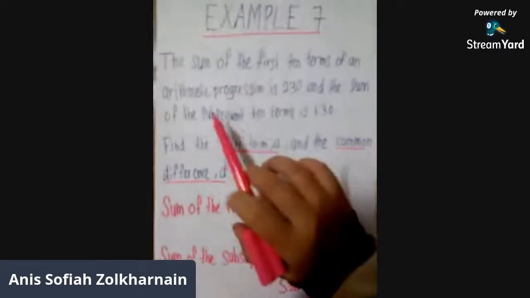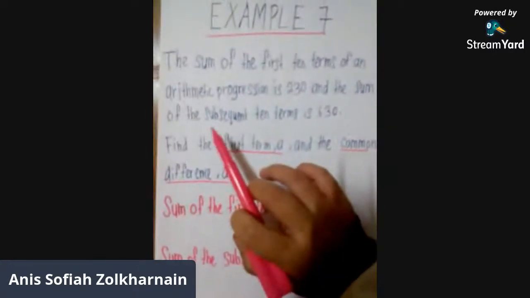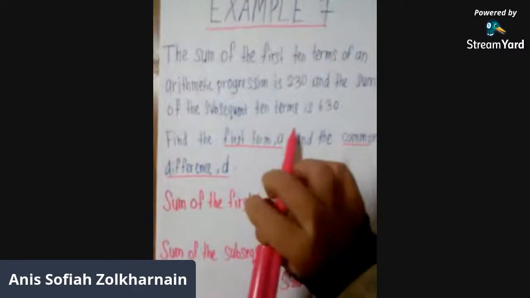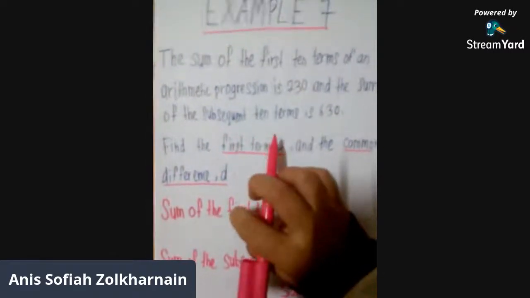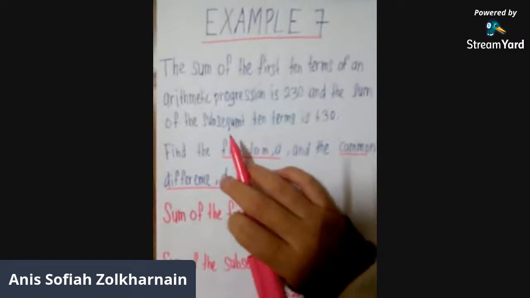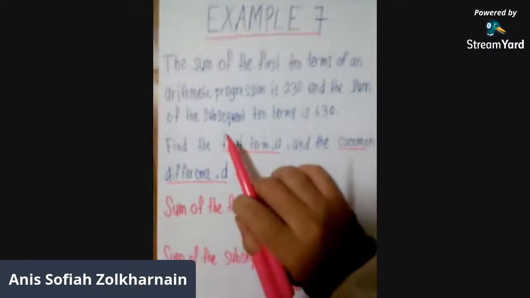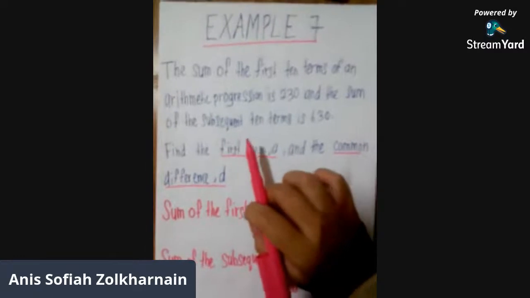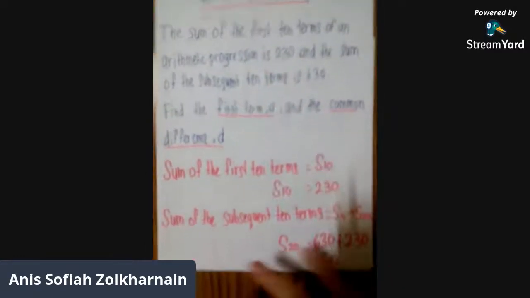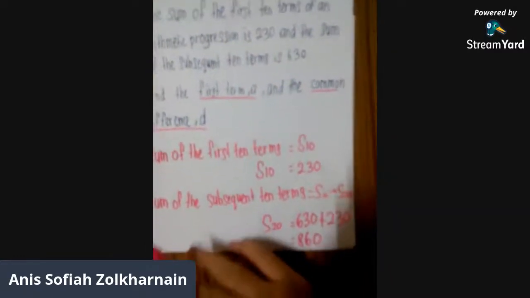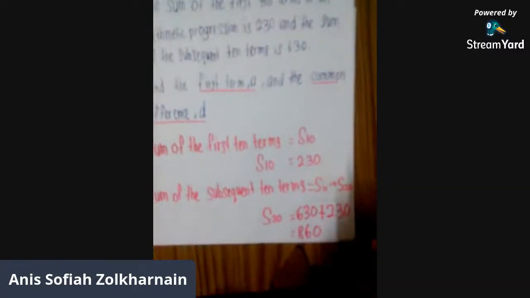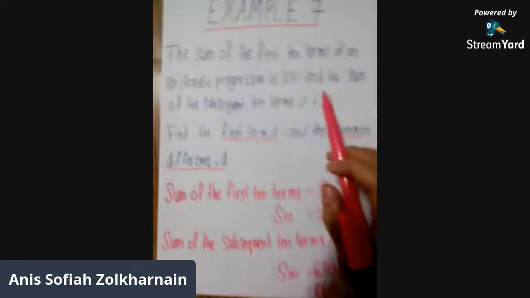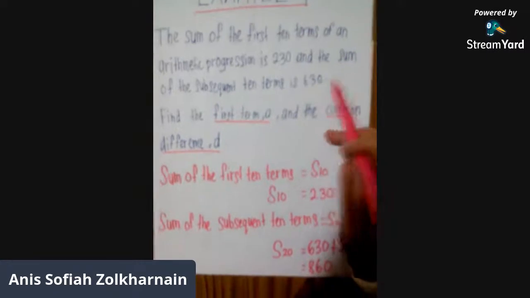Next, the sum of the subsequent 10 terms. The subsequent 10 terms here actually means T11 until T20. The sum of T11 until T20 is 630.